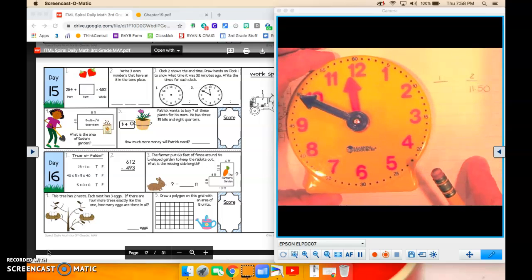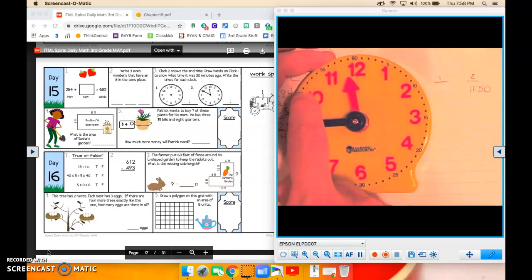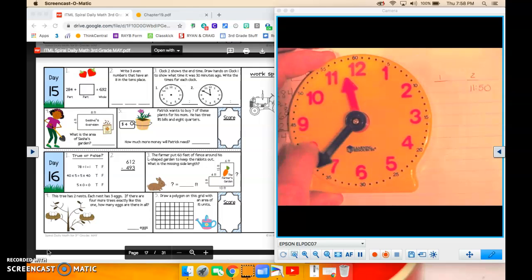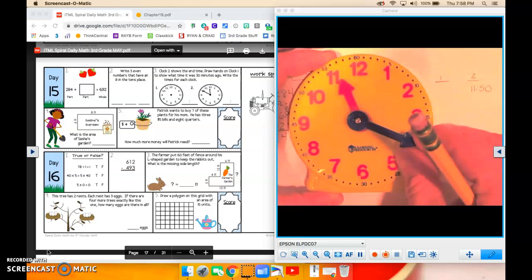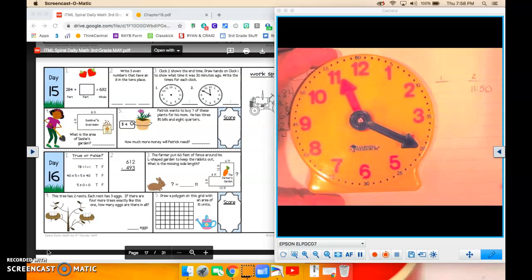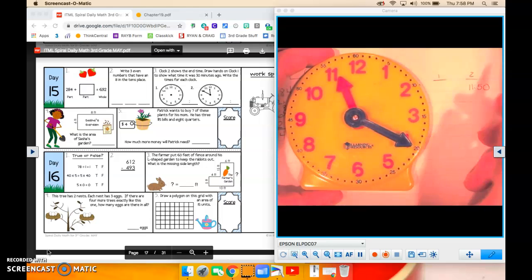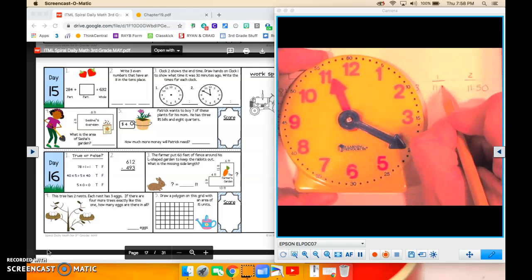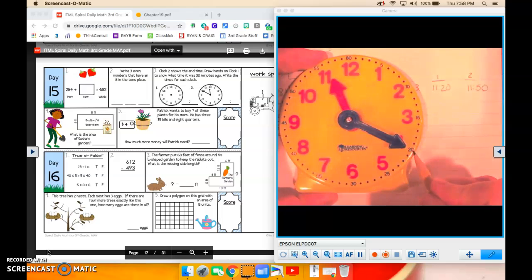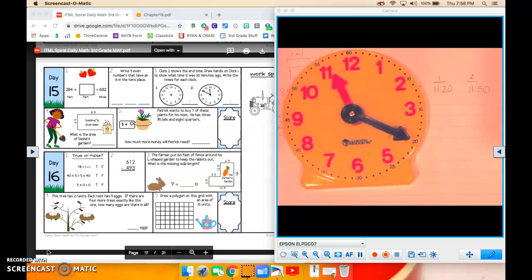So let's go and we'll count back. 5, 10, 15, 20, 25, 30. Okay, so it's 11:20. We can see the minutes right there. It tells us, right? So the first clock is 11:20.